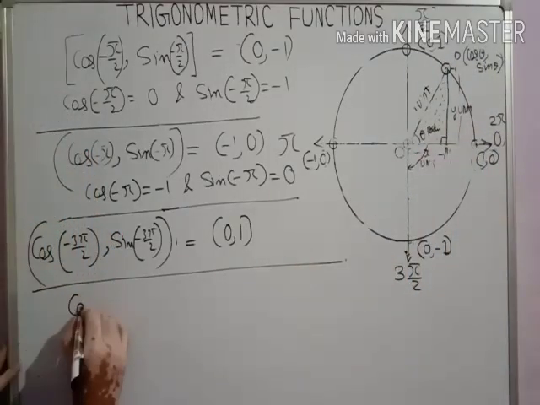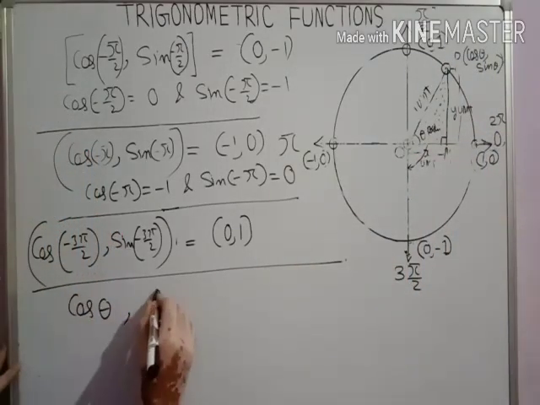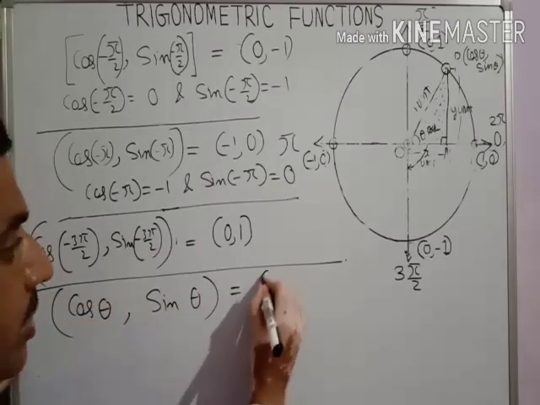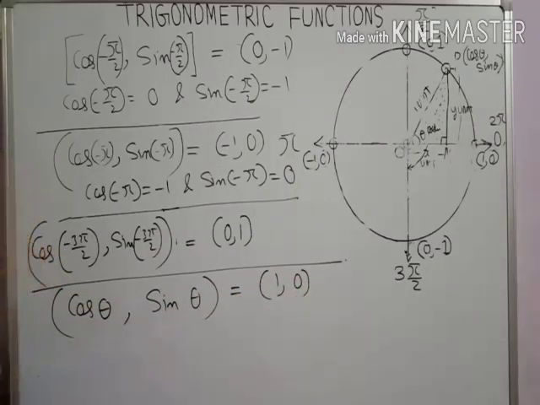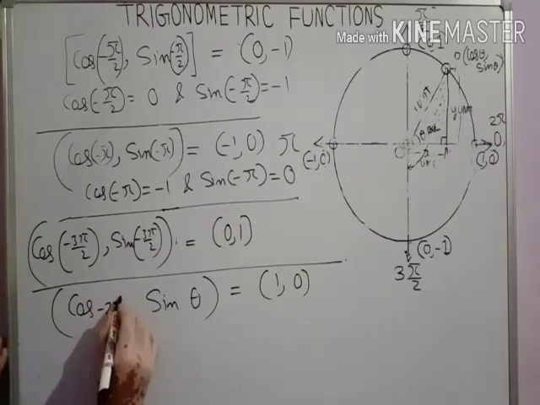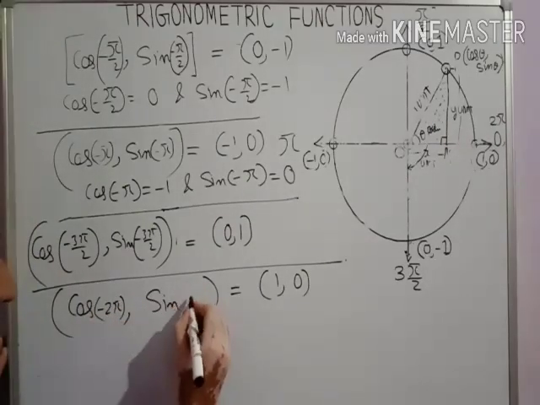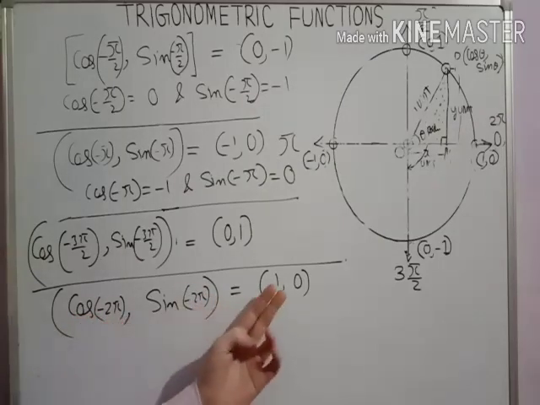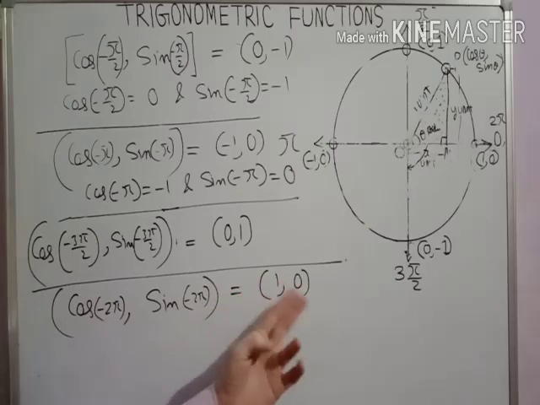I mean cos theta, sin theta equals 1, 0. I said at which angle? You said, sir, this time clockwise, so we are getting negative theta. So theta is minus 2 pi. It means cos minus 2 pi equals 1 and sin minus 2 pi equals 0.